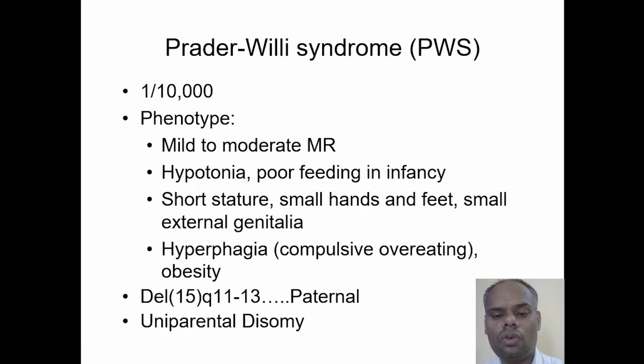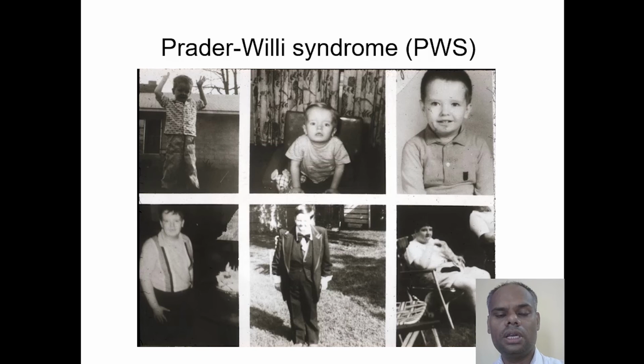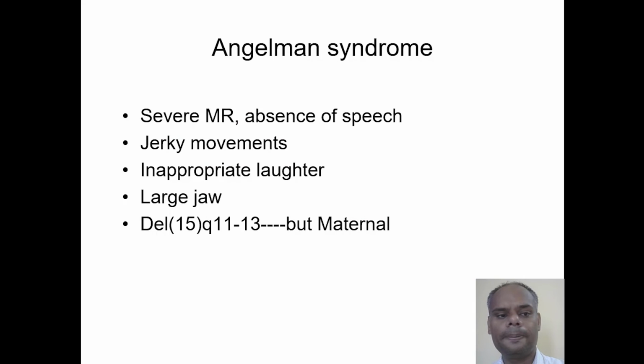There is deletion of the paternal gene, which is del 15q11 to 13. It can also be due to uniparental disomy in some cases. This is an example of a PWS patient, and various clinical features are visible in this patient.